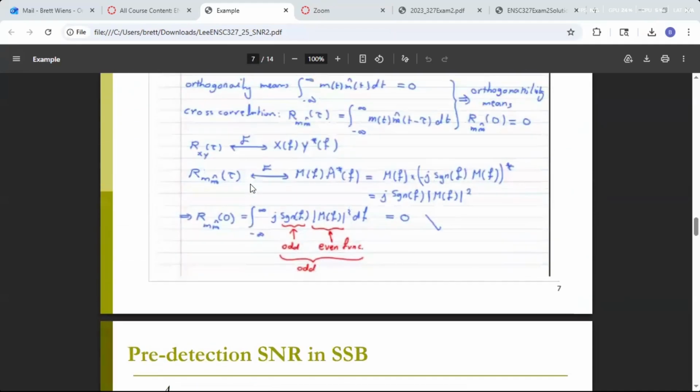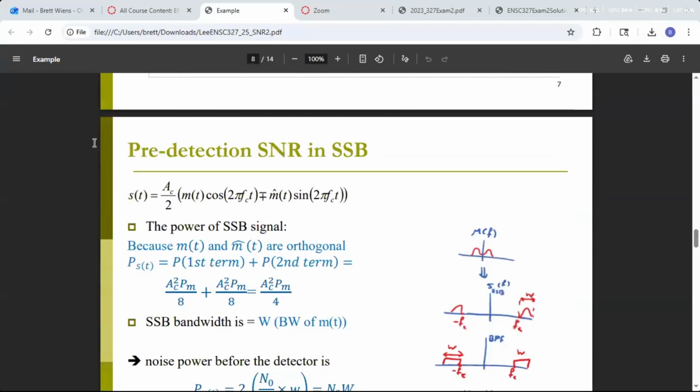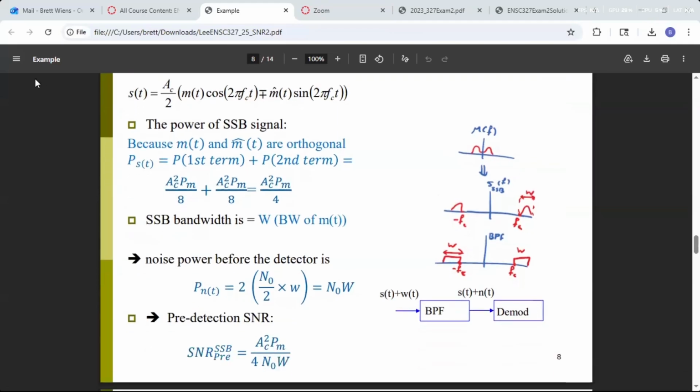So all this mathematics ends up quite a lot more complicated than just the DSB case, but it is straightforward. It's really just laborious. We did spend quite a while in the last month going through it, so we can't really go through it again tonight. But in the end, we boil down to the four equations that we need: our pre-detection SNR, post-detection SNR, reference SNR, and figure of merit.